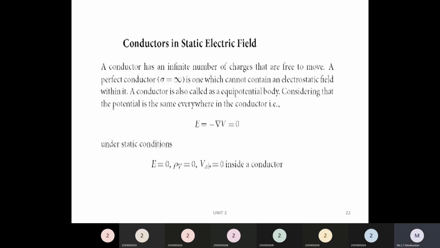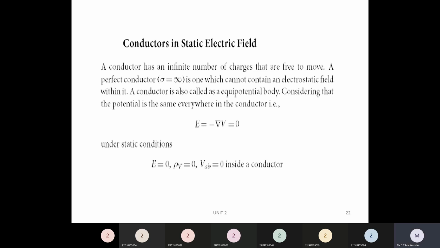Now the next topic, conductors in a static electric field. A conductor, we can say, has an infinite number of charges that are free to move. A perfect conductor has a conductivity of infinity.